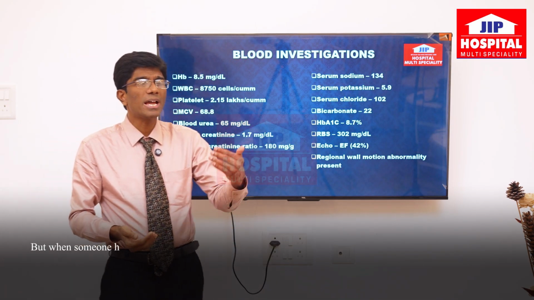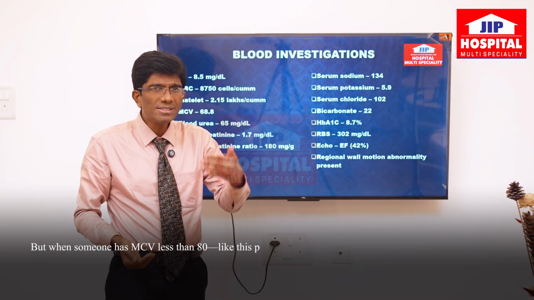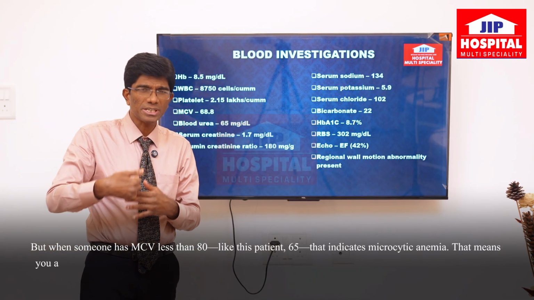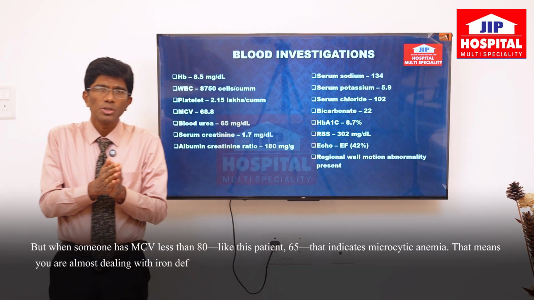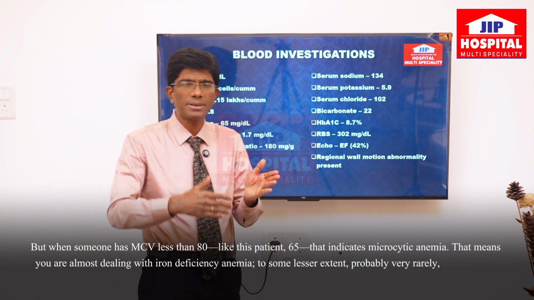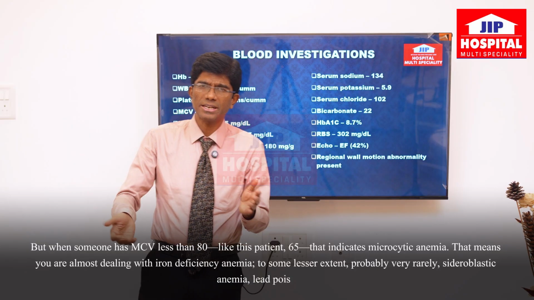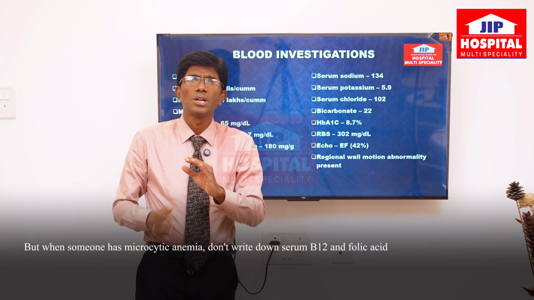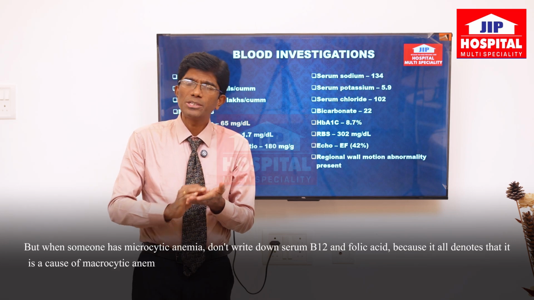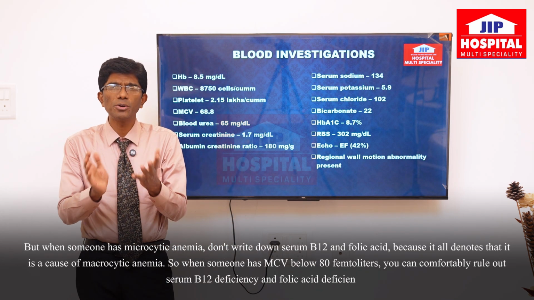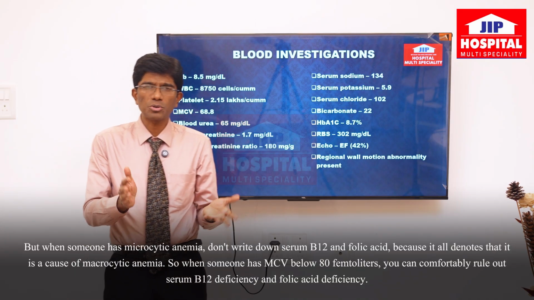But when someone has MCV less than 80, like this patient, 65, that indicates microcytic anemia, then you are almost dealing with iron deficiency anemia, and to a lesser extent, very rarely, sideroblastic anemia or lead poisoning. But when someone has microcytic anemia, don't write down serum B12 and folic acid, because they denote causes of macrocytic anemia.